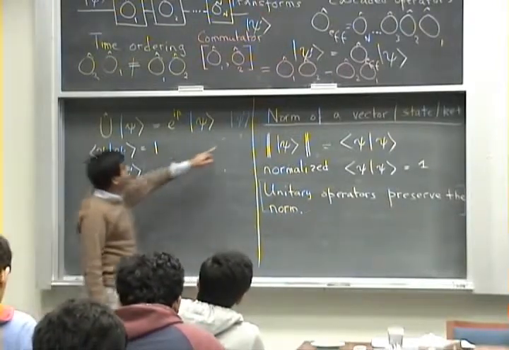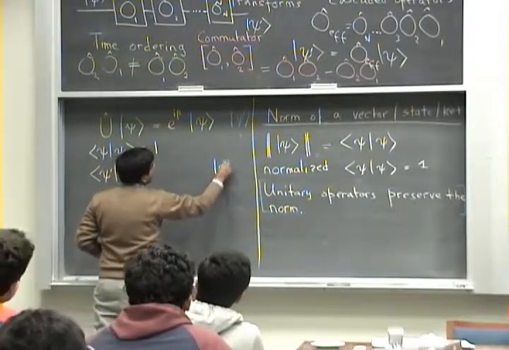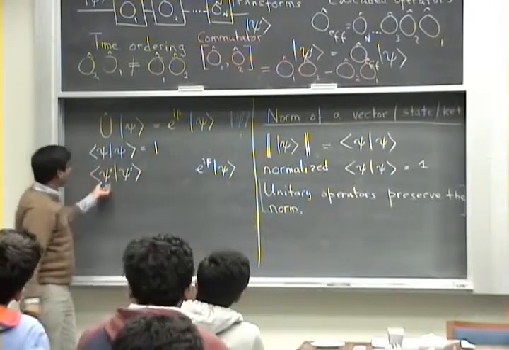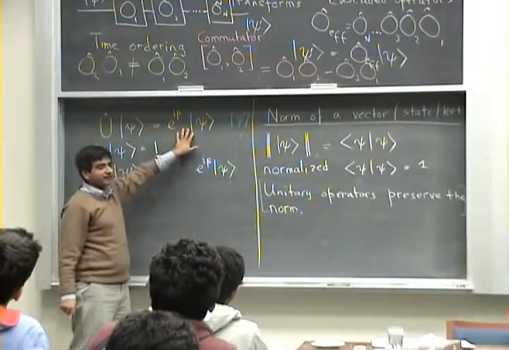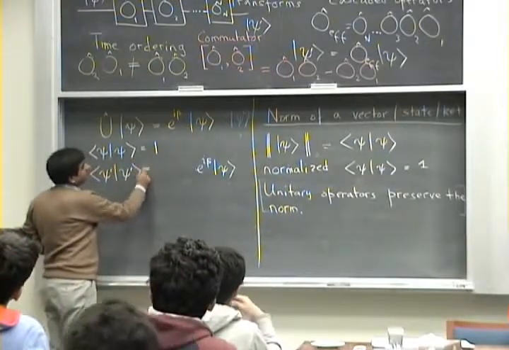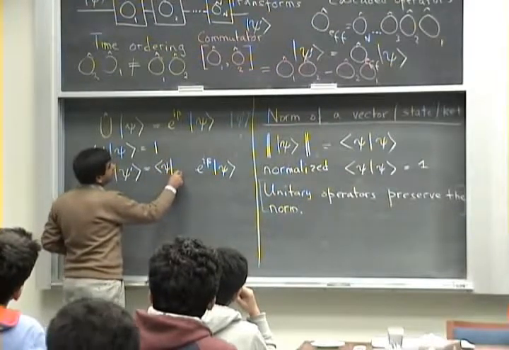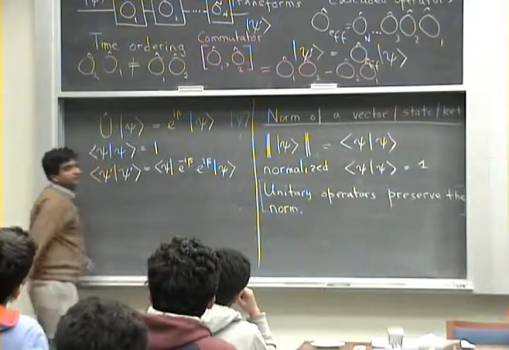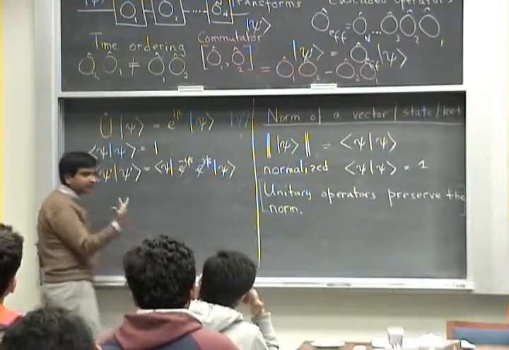Now psi dash is given by this expression, e^{iβ} times psi. I want to find the corresponding bra. So what's the dual of this vector? It's just going to be bra psi multiplied by e^{-iβ}. Now these are just scalars, they just give me 1.